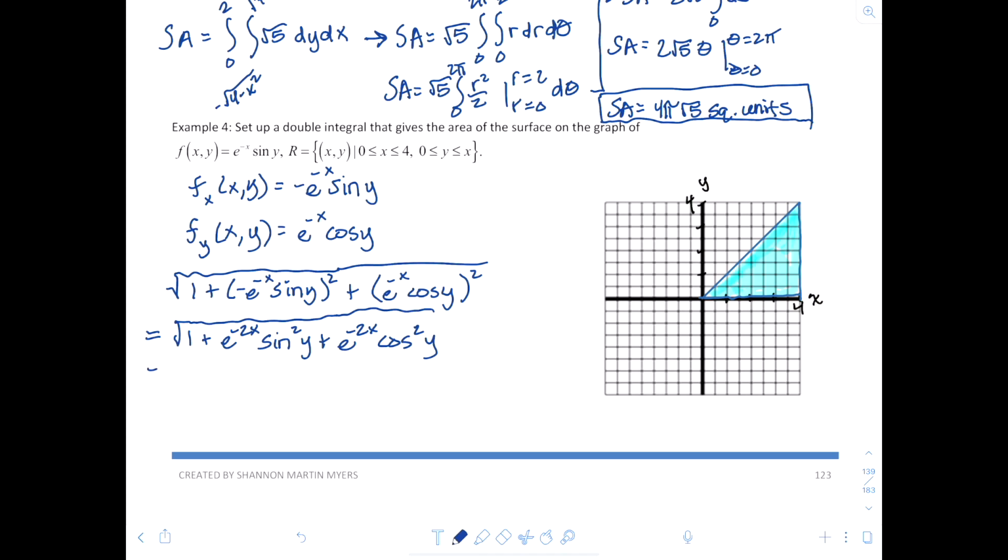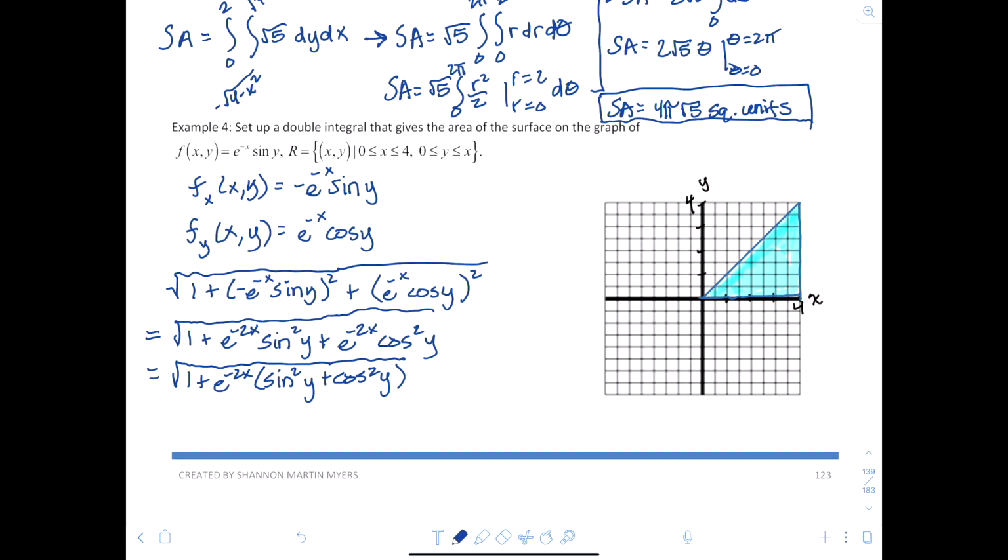So if you factor out an e to the negative 2x, you're left with sine squared y plus cosine squared y, which is what? Beautiful. 1.